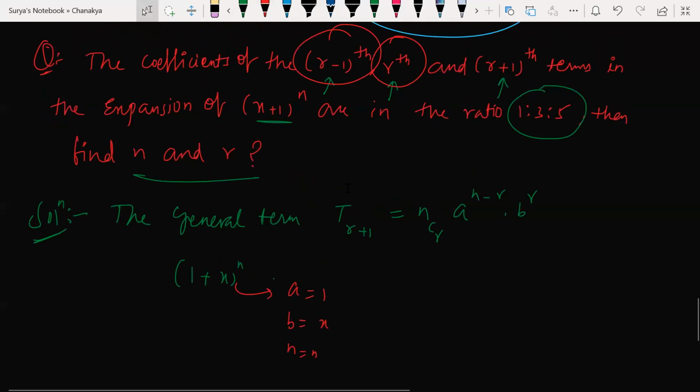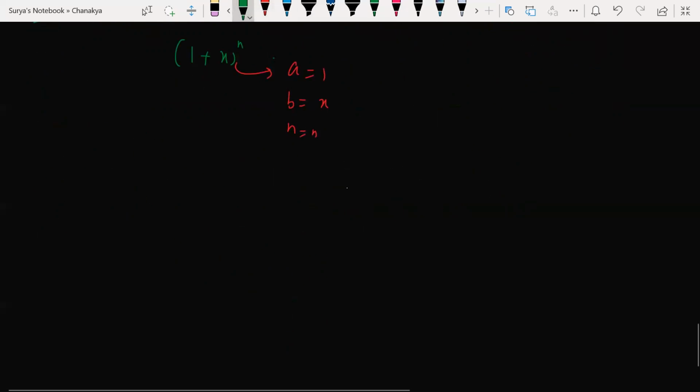Let's find out the coefficient of the (r+1)th term. T(r+1) is equal to nCr 1 to the power of n minus r into x to the power of r. Clear? So T(r+1) is equal to nCr x to the power of r. This is what we know actually.